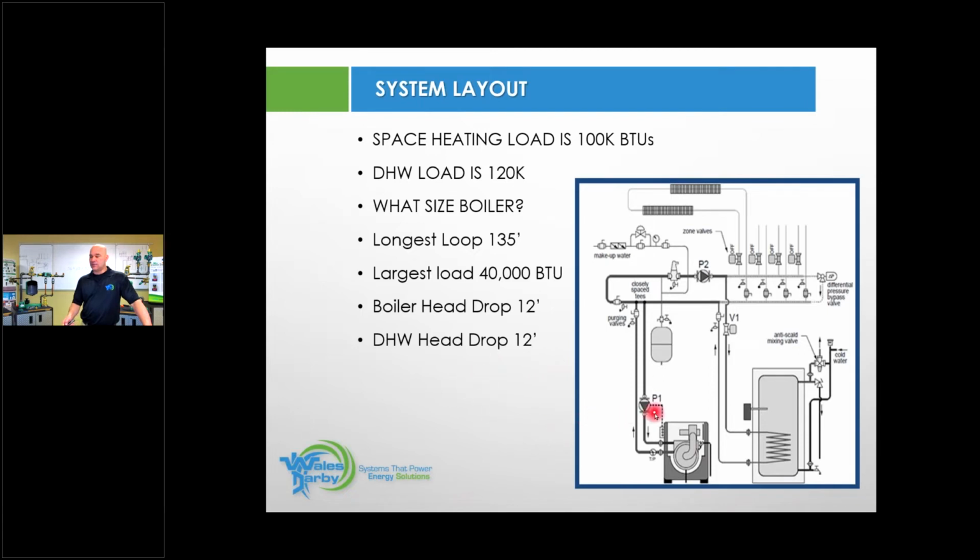What I'd like you to do is figure out P1 and figure out P2. I want you to calculate those circulators. What size would those circulators be to overcome the 12 feet of head of the boiler at the correct flow rate and the 12 feet of head at your indirect at the correct flow rate?